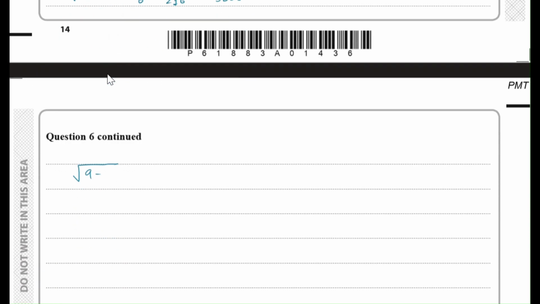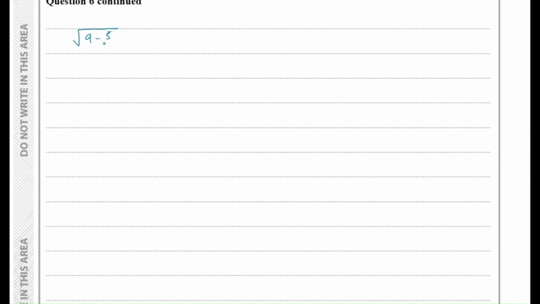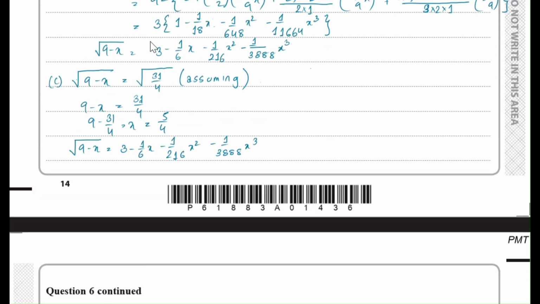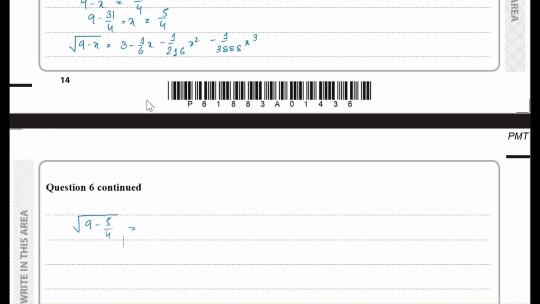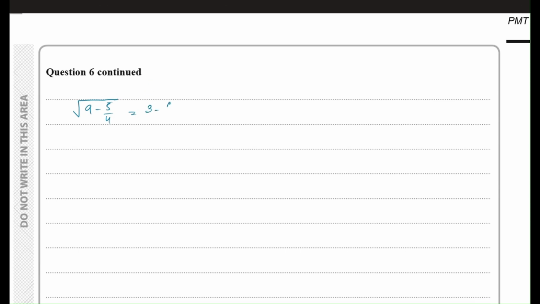So if you do this, 9 minus 5 by 4 would be equal to 3 minus 1 by 6 bracket, square brackets as well for you to understand it better.